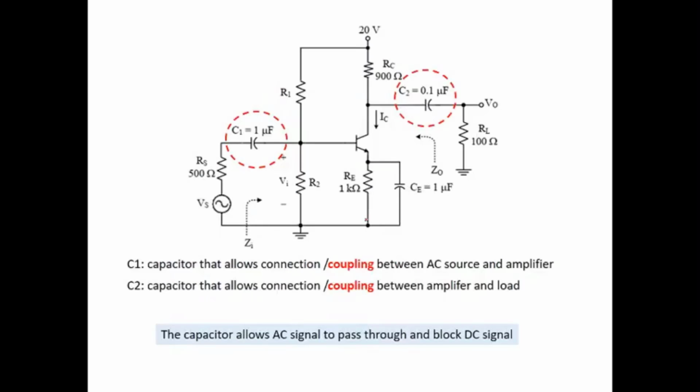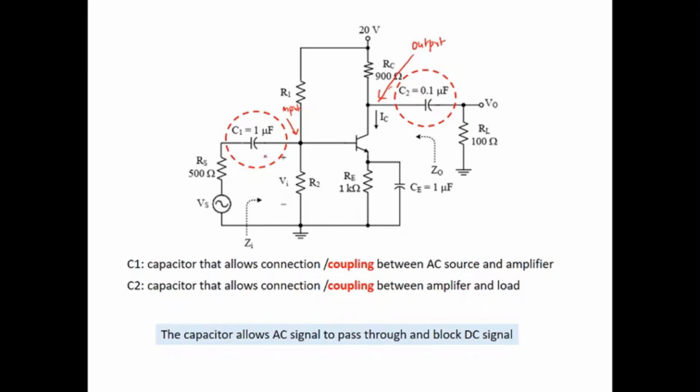Then you may notice there are three capacitors, but for now I will explain two capacitors, C1 and C2. As I mentioned just now, this is the input of the amplifier circuit, and this is the output.